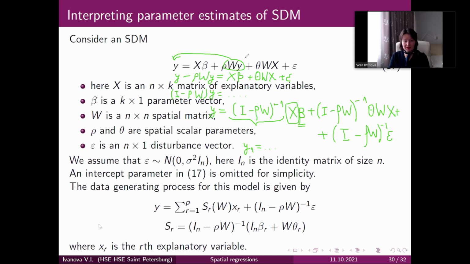And after that, we can get sums of elements, something like this, and we call this the data generating process. That is the equation forming the dependent variable.